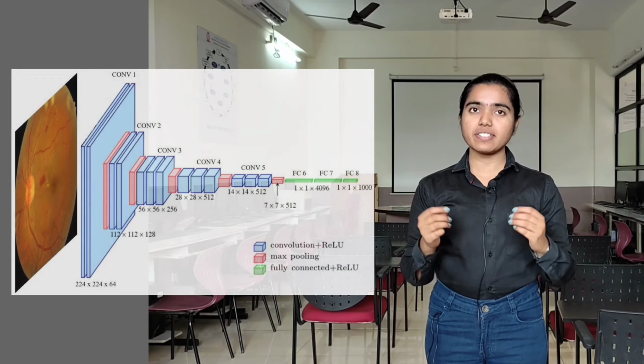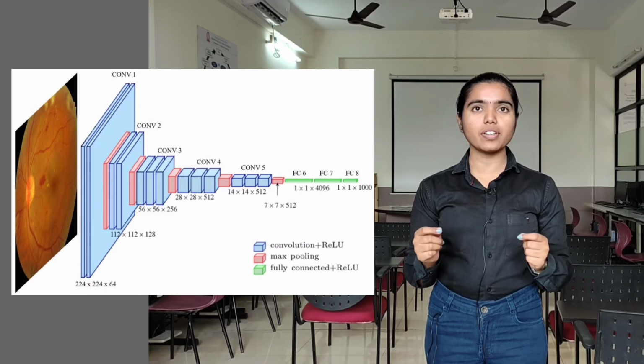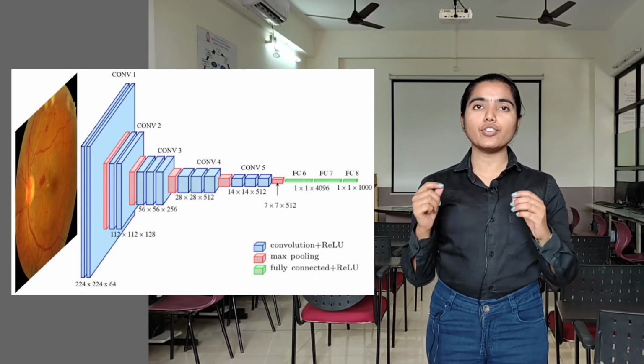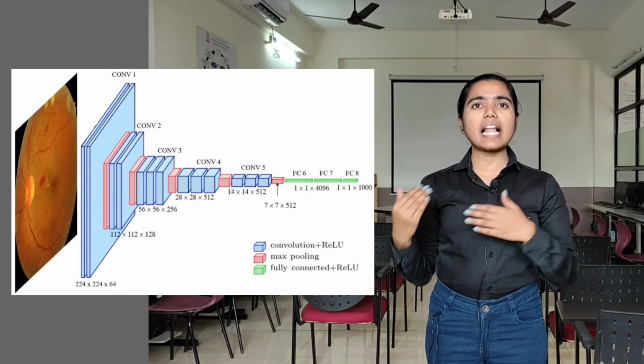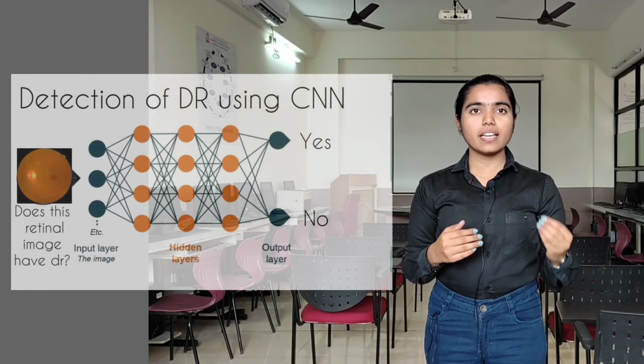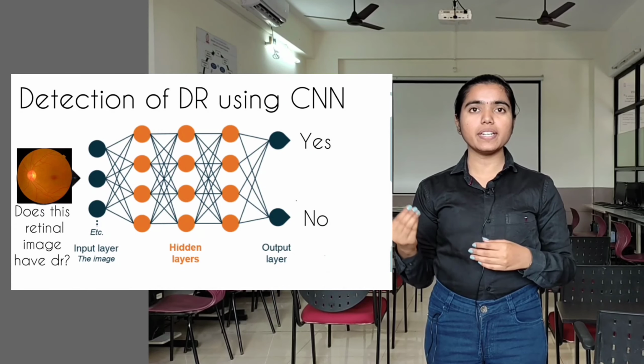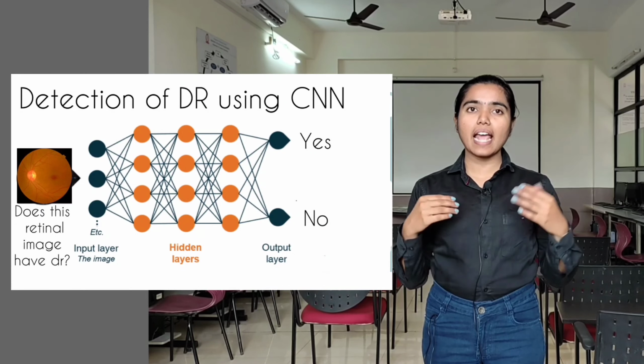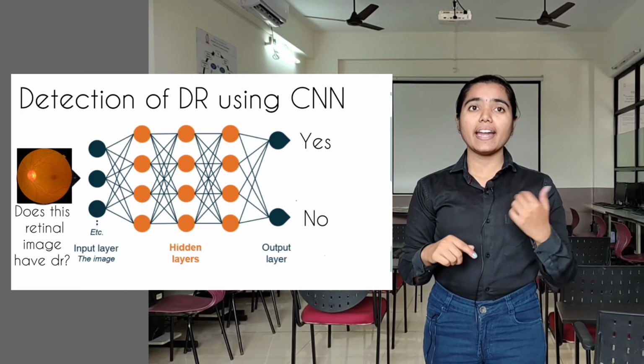A CNN ResNet 50 is a deep learning algorithm that uses a convolutional neural network to classify images. In the case of diabetic retinopathy detection, this algorithm can analyze the retinal images and identify signs of the condition. To train our model, 2700 retinal images are used, some with and some without the signs of diabetic retinopathy.